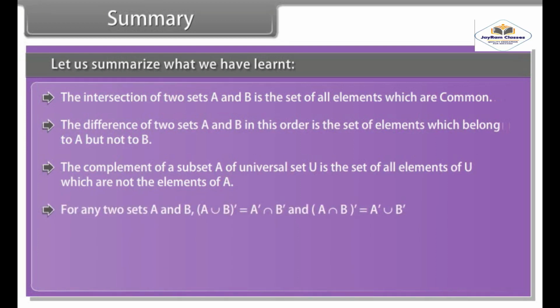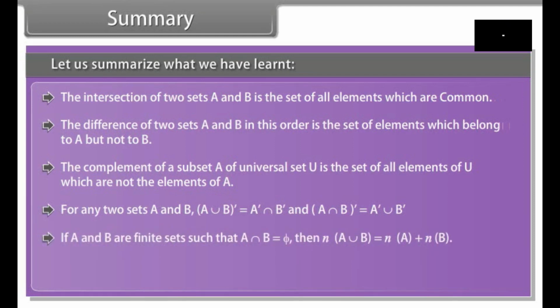For any two sets A and B, complement of A union B is equal to complement of A intersection complement of B, and complement of A intersection B is equal to complement of A union complement of B. If A and B are finite sets such that A intersection B equals phi, then n(A union B) is equal to n(A) plus n(B).